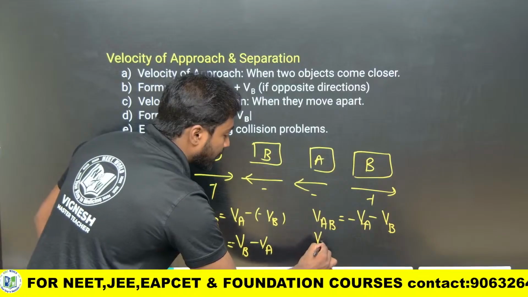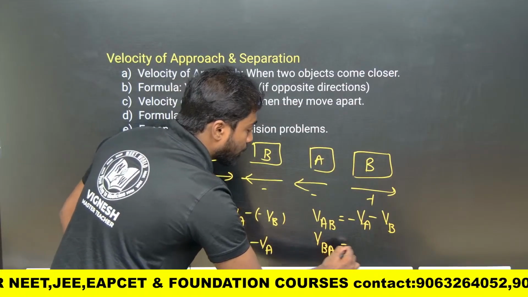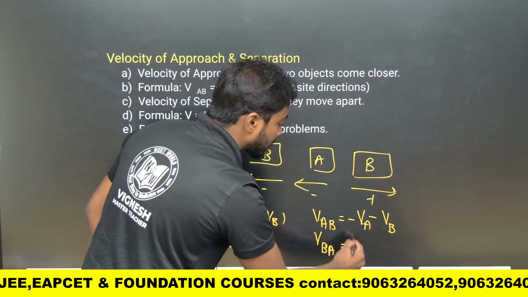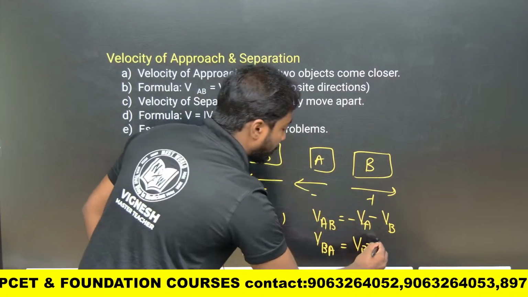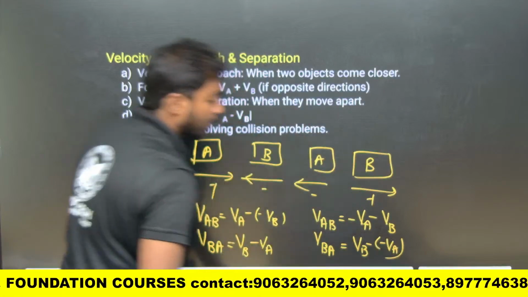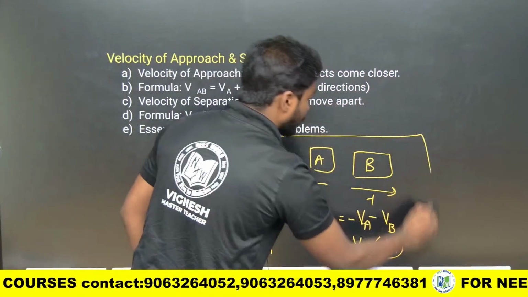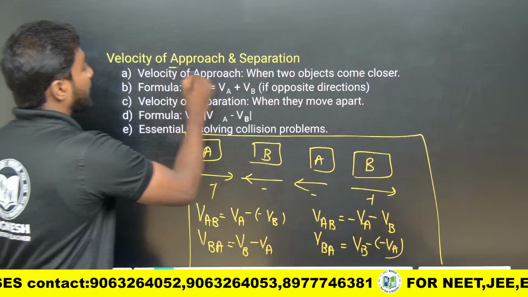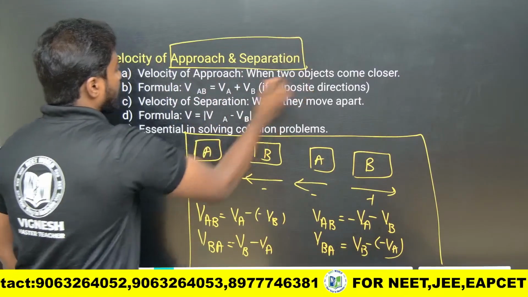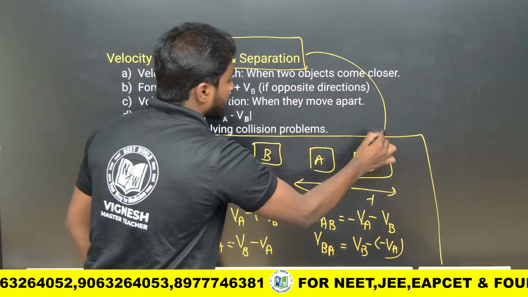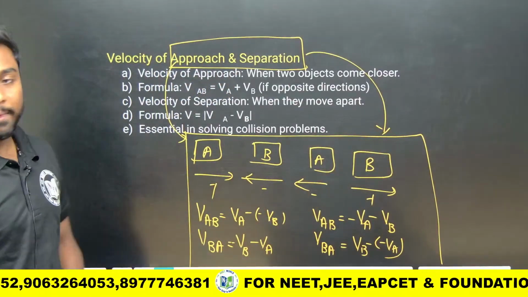Velocity of B with respect to A: B is in the positive direction, VB, A is in the negative direction, minus of minus VA, so VB plus VA. These are the conditions for approach and separation. This is for approach and this is for separation. Take a note of this.